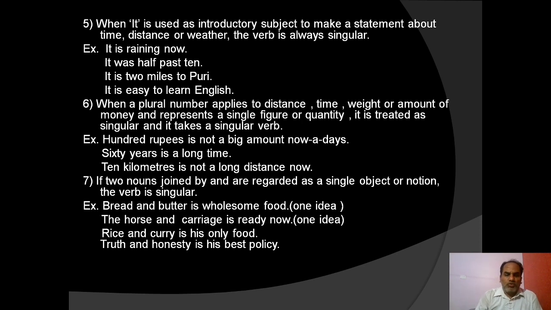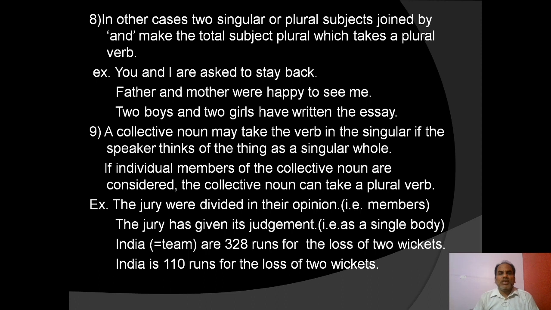Then let us discuss another situation. Let us come to know about the eighth situation. In other cases, two singular or plural subjects joined by and make the total subject plural, which takes a plural verb. You and I, for example: you and I are asked to stay back.